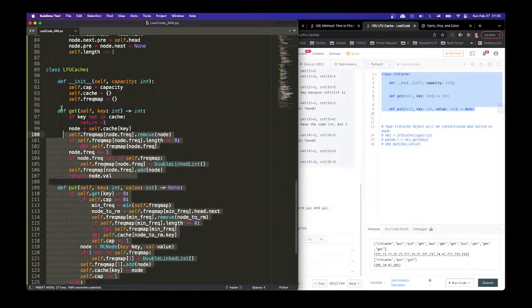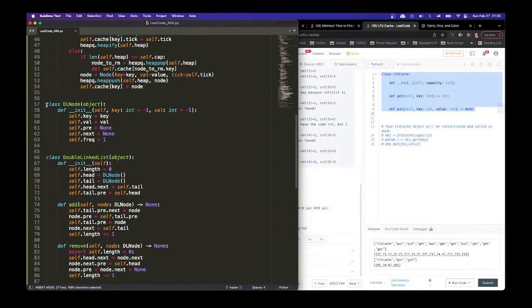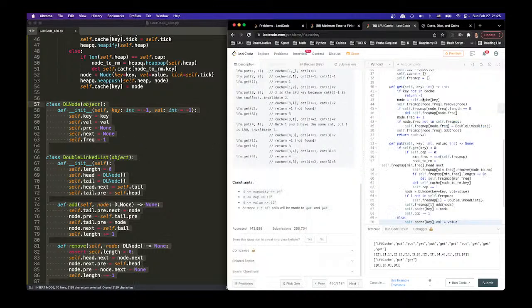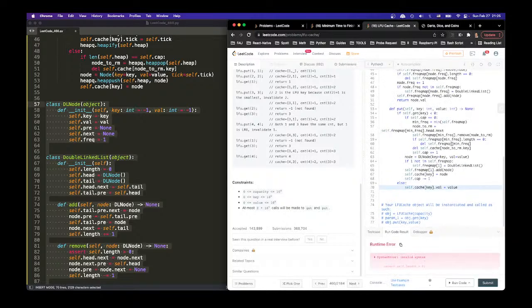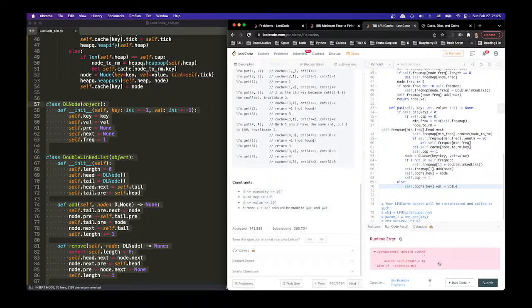We're going to try. Invalid syntax. Line 26.